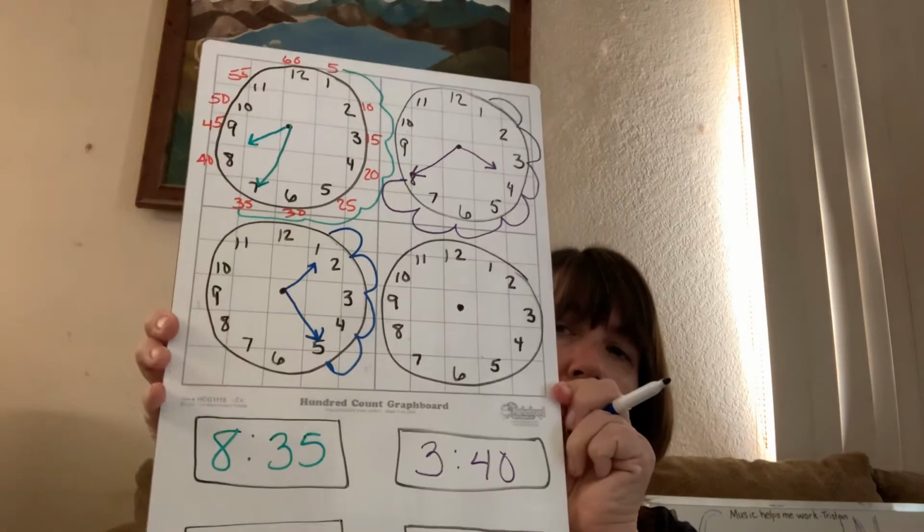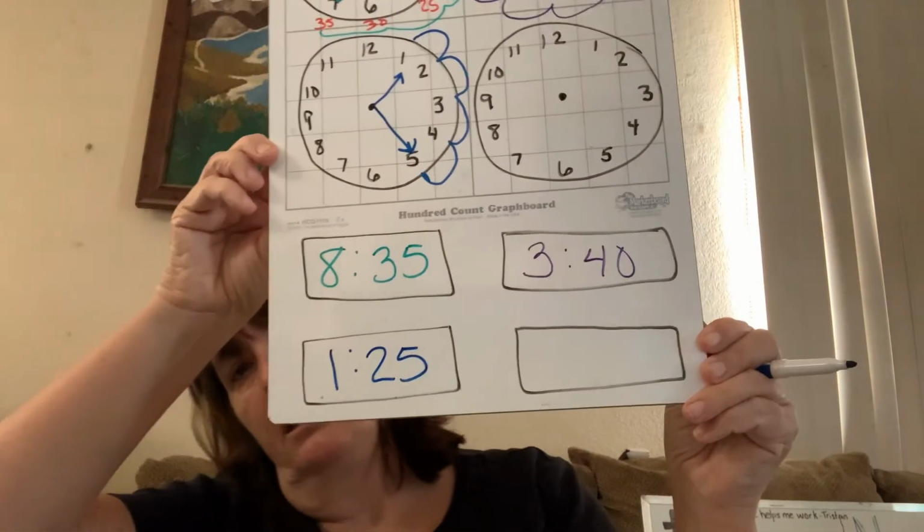So then our minute hand is going to go on the 5. That's 1:25. And digitally, the hour number comes first, minute comes second. So 1:25 or 25 minutes after 1. Okay, we'll do one more together.